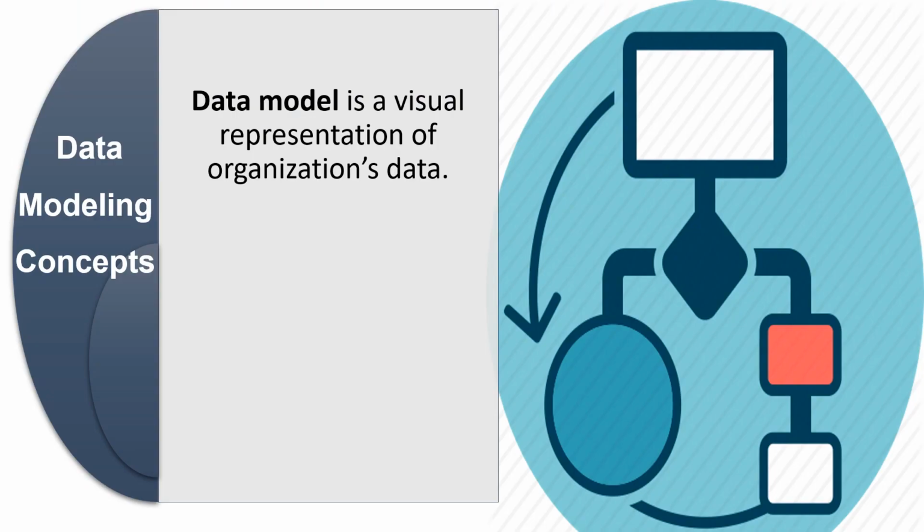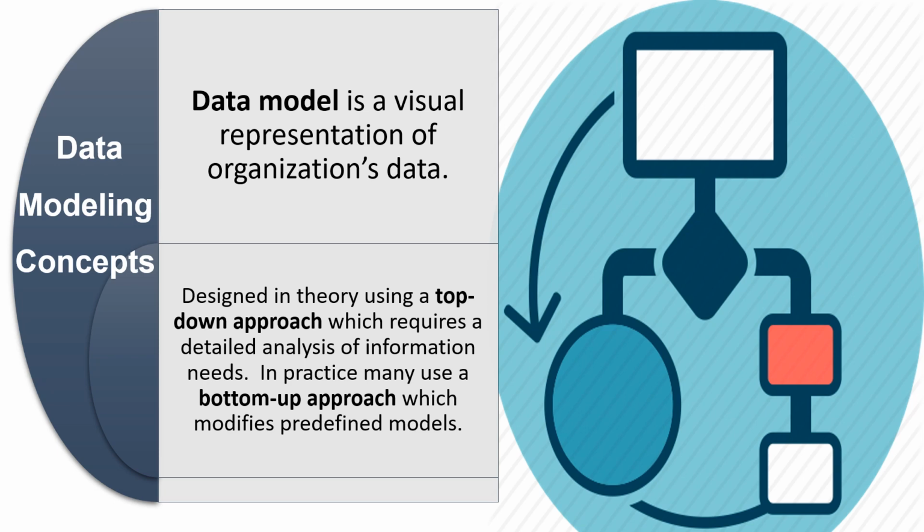So the data modeling concept: the data model is a visual representation of the organization's data, designed in theory using a top-down approach. Top-down approach means we design the data modeling from scratch. The relational database is developed and designed from scratch, which requires detailed analysis of the information needed.